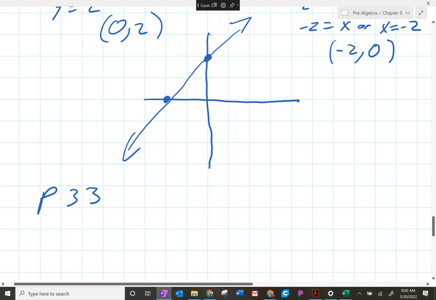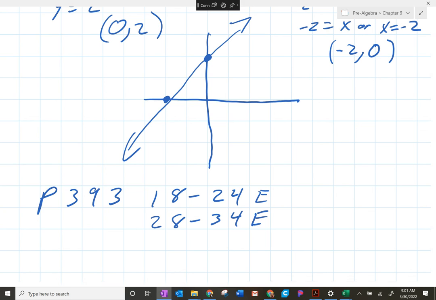Page 393, 18 through 24 even, and then 28 through 34 even. So the first four you'll do, 18 through 24 even, are the ones where you use -1, 0, 1, and 2. You're just going to plot those out, give me the ordered pair for 4 of them.